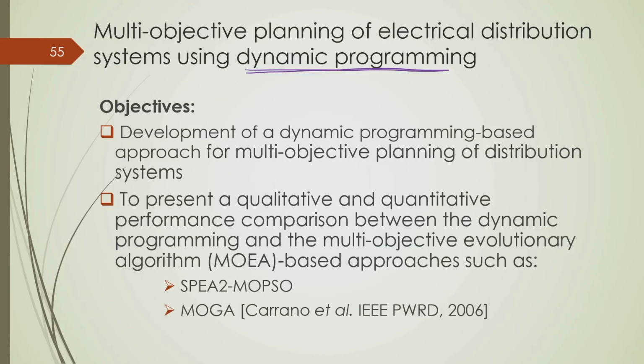It is not a metaheuristic approach, which gives different solutions after different executions of simulation, but it provides the same solution at the end of execution. It works with certain logic. Okay. And our goal was to have a qualitative and competitive performance comparison of this dynamic programming with the multi objective particle swarm optimization algorithm.